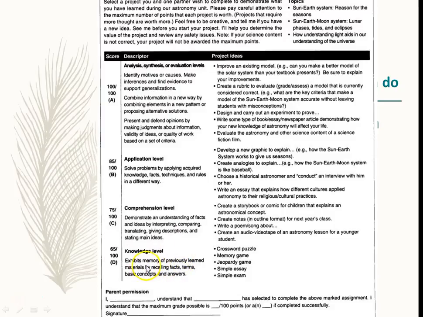From the knowledge level, which would be just showing basic fact and recall information, in which the students could choose that they would get at the most 65 points out of 100, or a D, all the way up to showing some project ideas that would show analysis, synthesis, or evaluation levels, in which they could obtain that A. Notice at the bottom of this, there is parent permission, so the parents would have to agree that their student, their child, is picking a certain grade level that they are looking for.